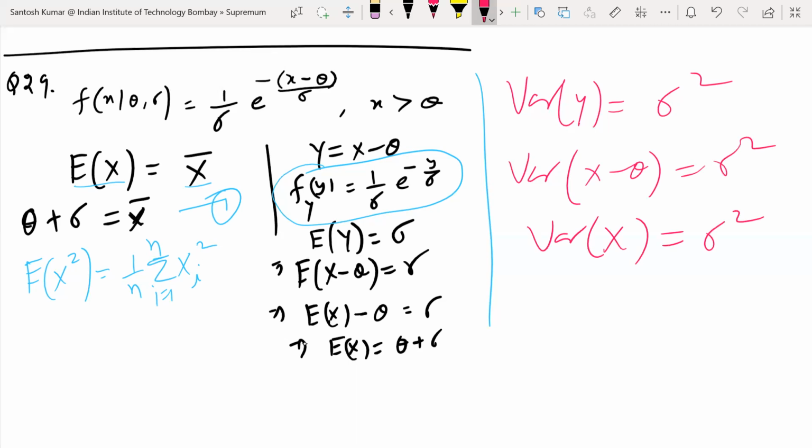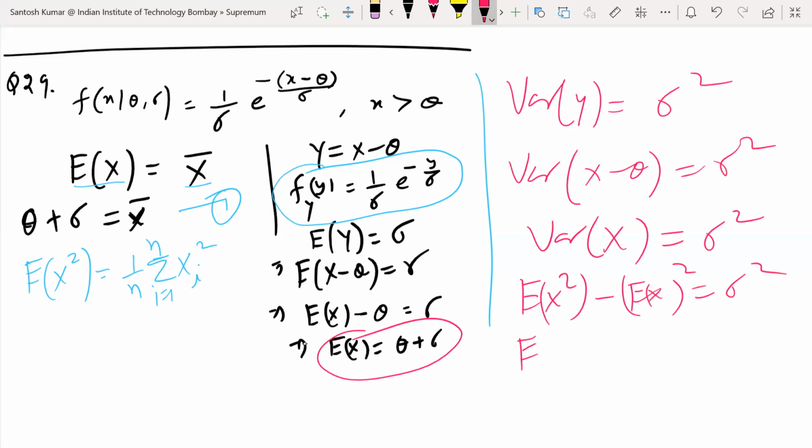Variance of x is E of x square minus E of x whole square. This is sigma square, and E of x we already have. So E of x square is (theta plus sigma) whole square plus sigma square.